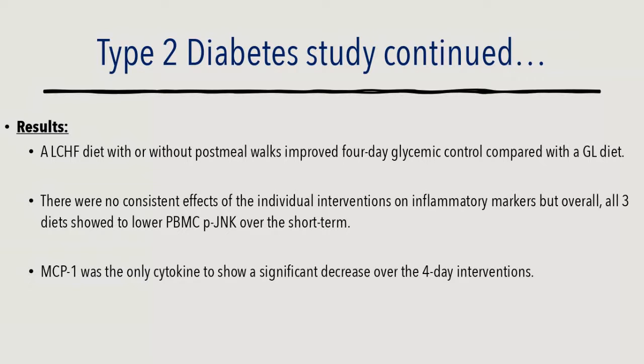There were no consistent effects of the individual interventions on inflammatory markers, but overall, all 3 diets did show a lower PBMC, the peripheral blood mononuclear cells, which is a marker of cellular inflammation over the short term. When JNK is phosphorylated, it is a signaling node key for controlling inflammation. And MCP1, an inflammatory marker, was the only cytokine to show a significant decrease over the 4-day interventions.